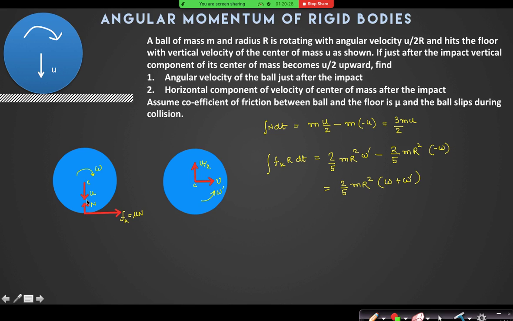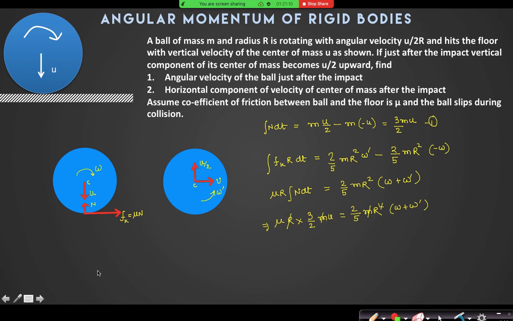Now what is fk? It is mu into integral of N dt, yes or no? Look, mu into r into N dt. Now what is integral of N dt? From equation 1, can I directly put it as 3 by 2 mu? Yes, sir. 2 by 5 mr square into omega plus omega prime. R gets cancelled, m gets cancelled out.